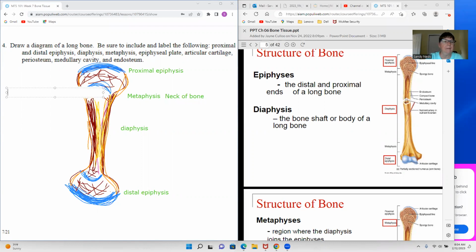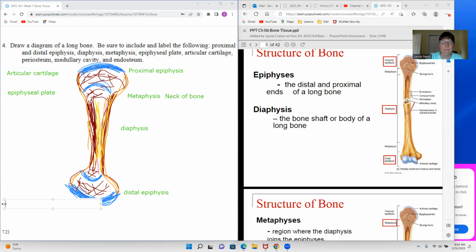So the epiphyseal plate. And then articular cartilage. Articular cartilage. And we got it down here too.